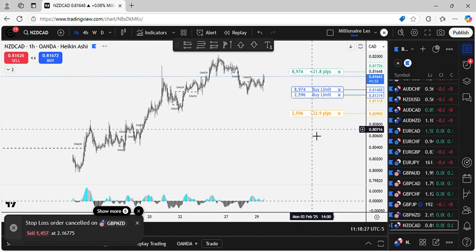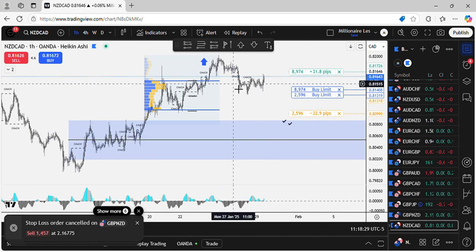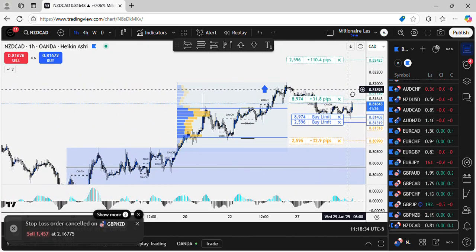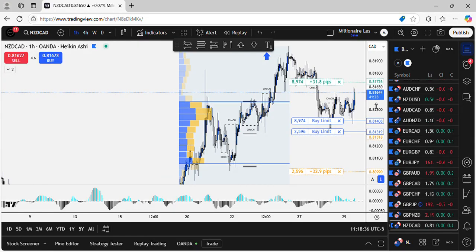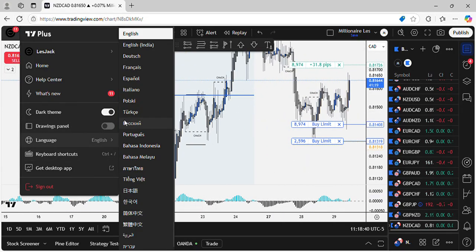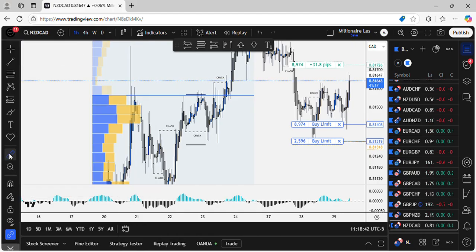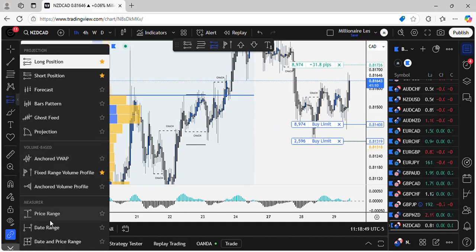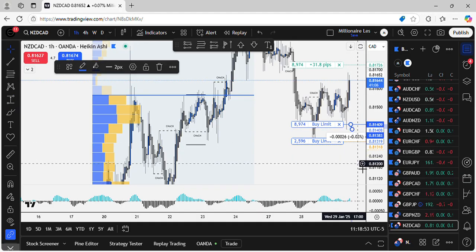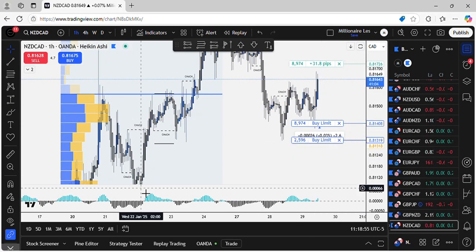NZD CAD. This actually hit, and my broker did not hit me in. Look at that right there. I actually have to measure it to see what the price range is, because if it's within 2.6 pips, dang, I might not be able to fight that.